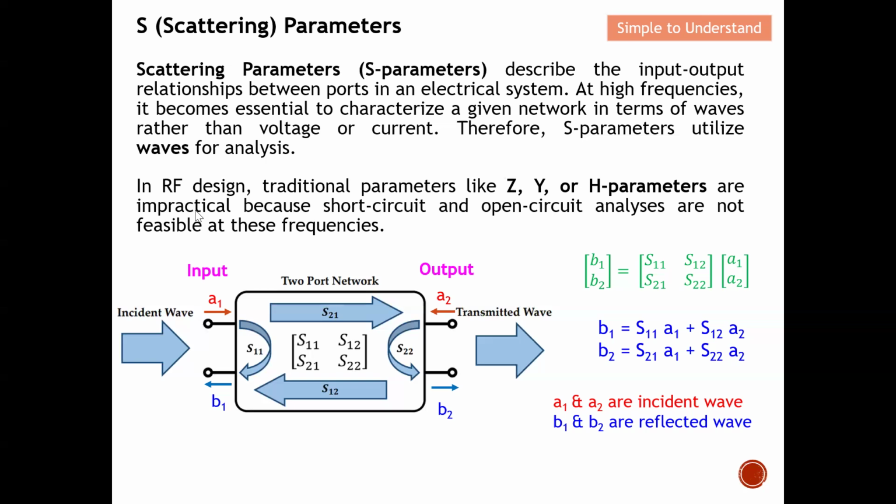So what does this mean? Let's take an inductor to represent short circuit and a capacitor to represent open circuit. Let's do the short circuit first. For example, an inductor: the reactance of the inductor, XL, is equal to 2 pi FL, if you still remember.